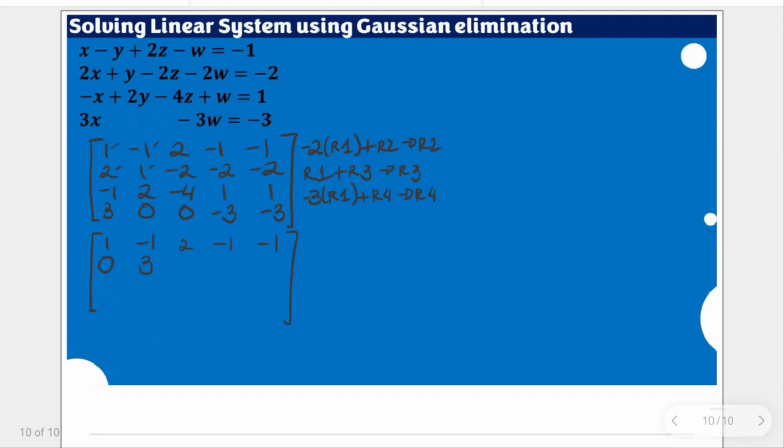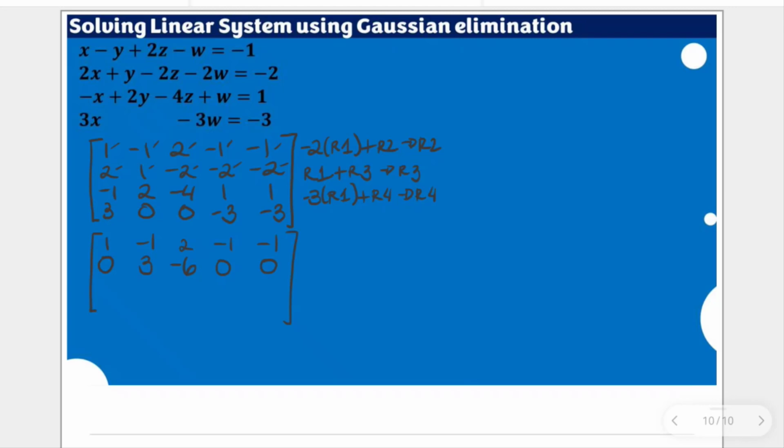Negative 2 times 2 is negative 4 plus negative 2 is negative 6. Negative 2 times negative 1 is positive 2 plus negative 2, that's 0. Negative 2 times negative 1 is positive 2 plus negative 2, also 0. So that's for our second row.